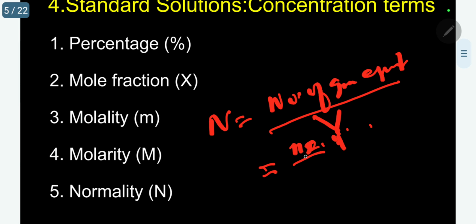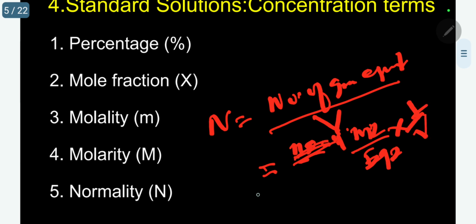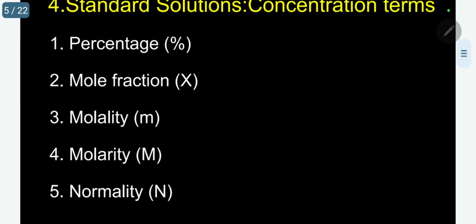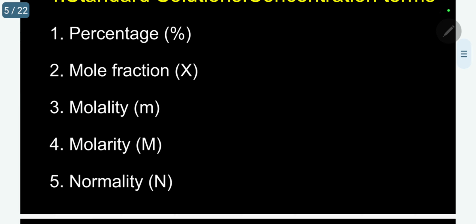It is nothing but m2 by the equivalent mass, into 1 by V. This is for normality. Kindly follow. It is equivalent to molarity, the only difference being that instead of molecular mass, here we have to use equivalent mass. I hope this is clear.